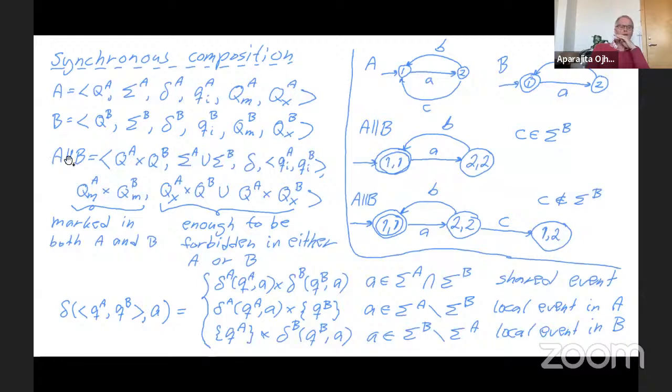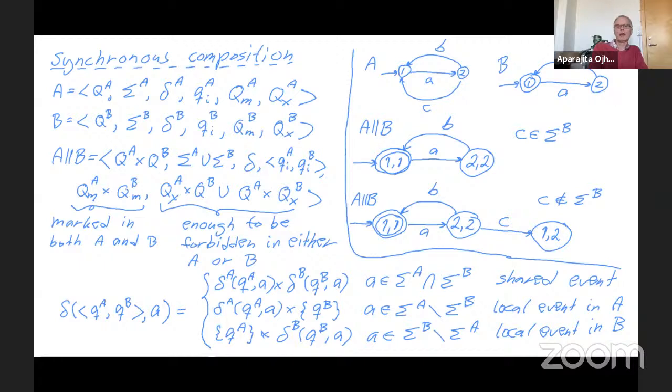How do we then define the synchronous composition between these two automata? As I said yesterday, we take the cross product between the two state sets, so the cross product between Q^A and Q^B. Generally, this means that we generate a lot of states which are not reachable. For instance, although this is a very small system, you have states 1,1, 1,2, 2,1, and 2,2 as all the combinations.